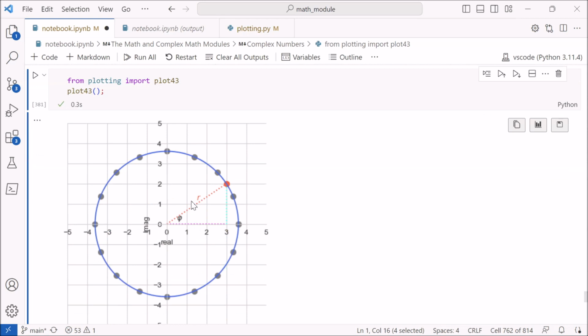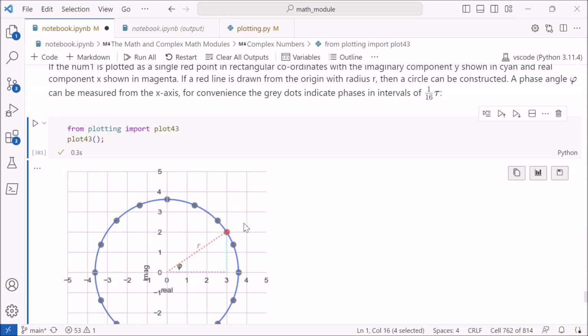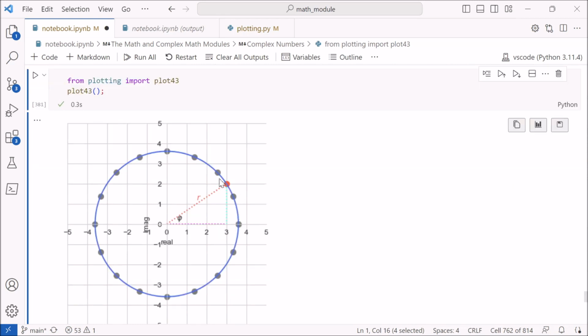So it's got a radius r and an angle phi. So here we've got the length x, which is 3, and y, which is 2. And these grey dots are just divisions, 1 over 16 tau. So you can see that this is 1 and this is 2, so this is pretty much 1.5.